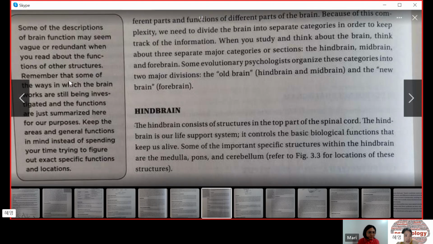Remember that some of the ways in which the brain works are still being investigated, and the functions are just summarized here for our purposes. Keep the area and general functions in mind instead of spending your time trying to figure out exact specific functions and locations.